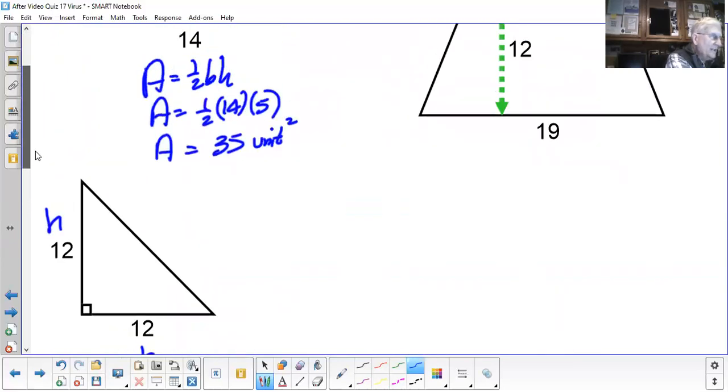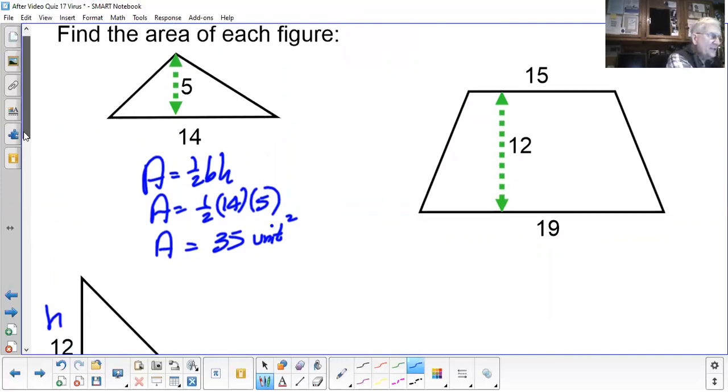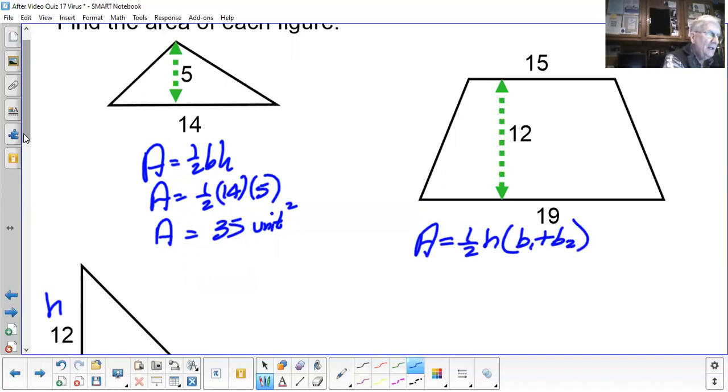All right, let's go back up here. And this, of course, is a trapezoid. And for this trapezoid, I'm going to determine its area. If you recall, the area formula for a trapezoid is A equals 1/2 its height multiplied by the sum of its bases, which we usually call B1 and B2. This down here would be B1.